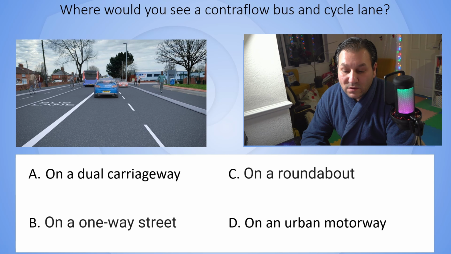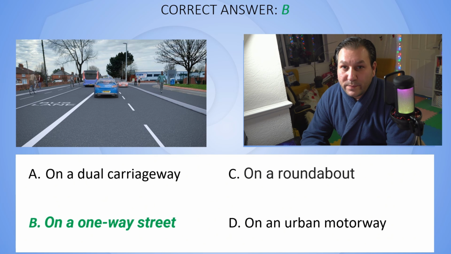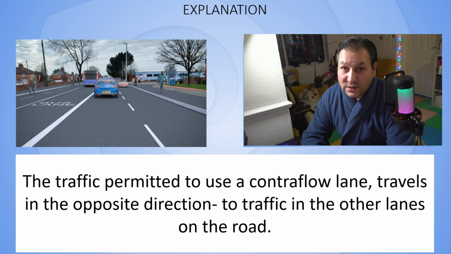Or D, on an urban motorway. The correct answer is B, on a one-way street. Explanation. The traffic permitted to use a contraflow lane travels in the opposite direction to traffic in the other lanes on the road.